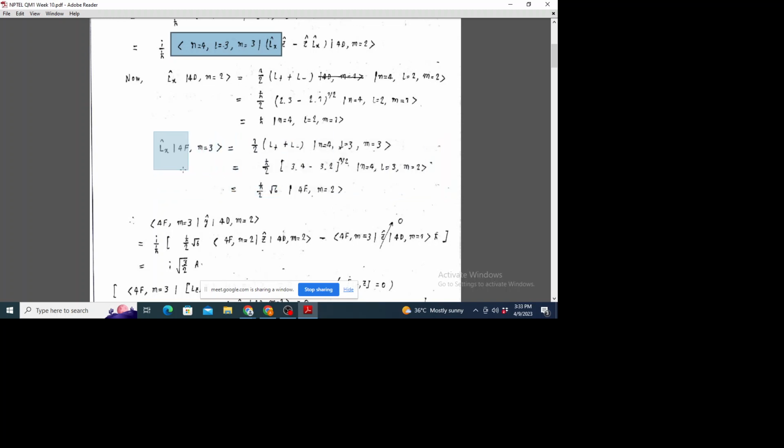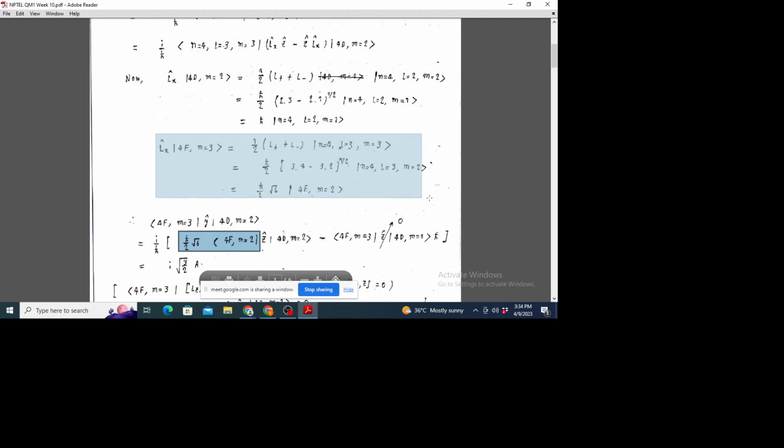Okay, so it is easy. So substituting this first part, you see L minus acting on 4f m equal to 3 bra will give you h cut by 2 root 6, 4f m equal to 2 bra. So just Hermitian conjugation of this relation. Okay, so this is your first term and this is your second term.